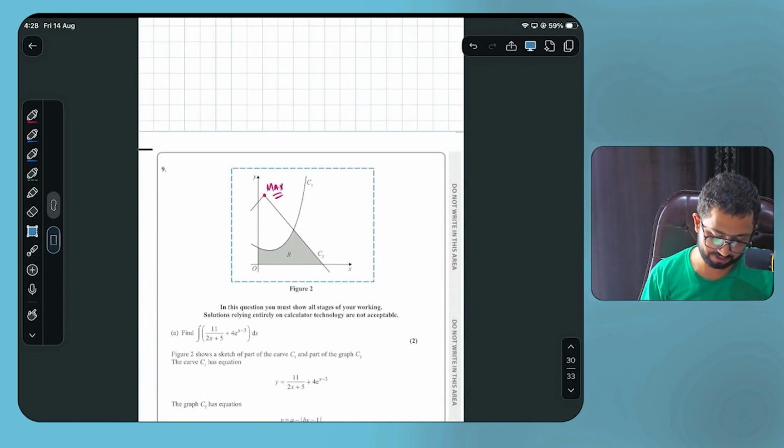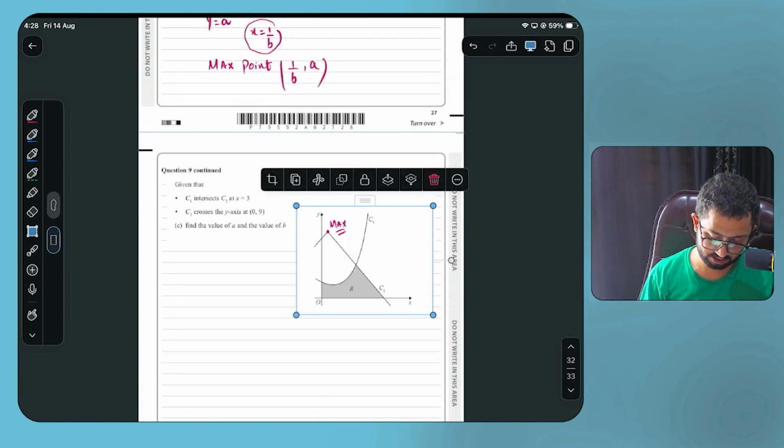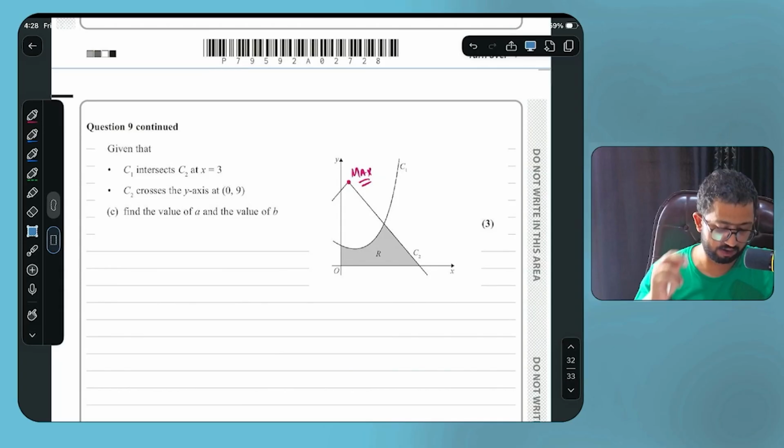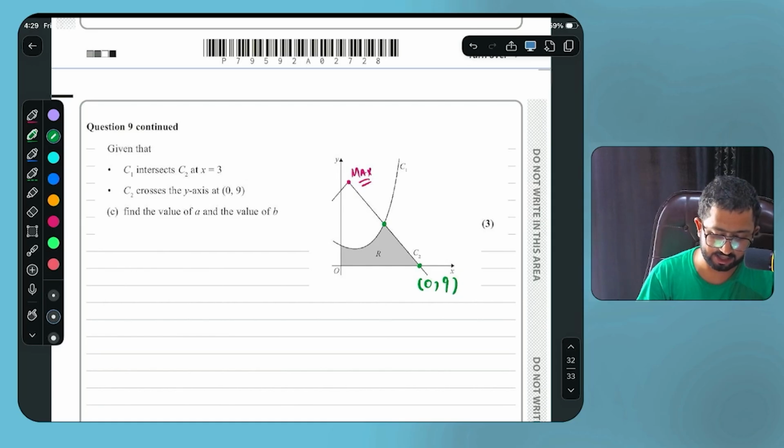So let's copy the diagram and paste. All right, given that C1 intersects C2 at x equal to 3 and C2 crosses the y-axis at 0, 9. This point is 0, 9 and they are intersecting at x equal to 3.